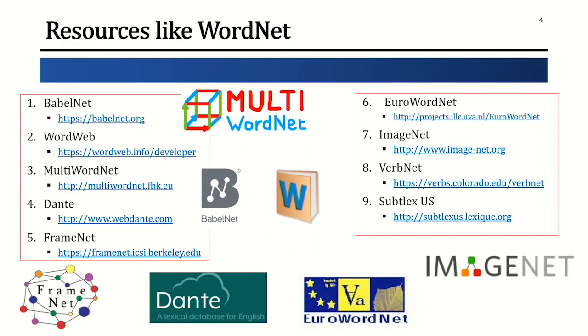So now we see the resources and the possible links to access each of them. To access the BabelNet resource online, we can visit this website. Similarly, for the other resources, we can access the official documents.